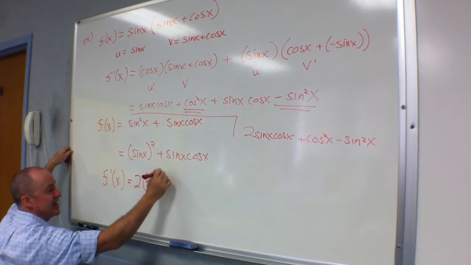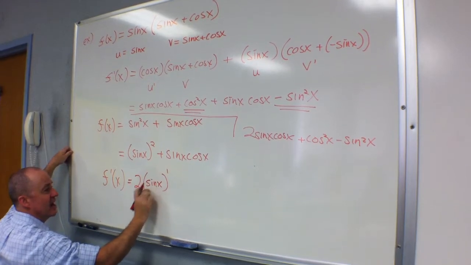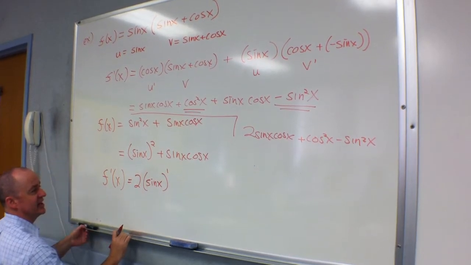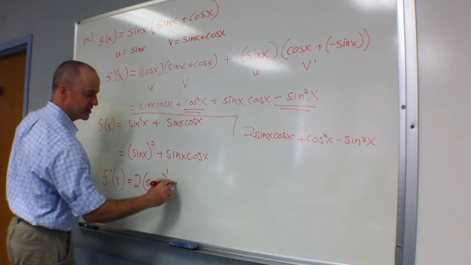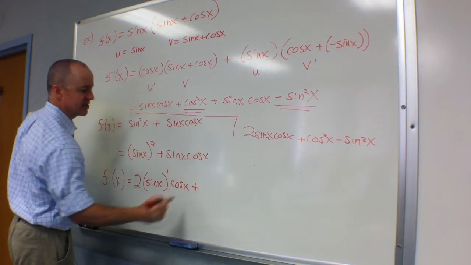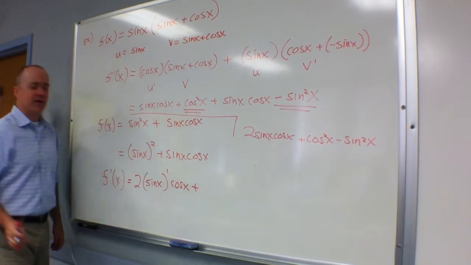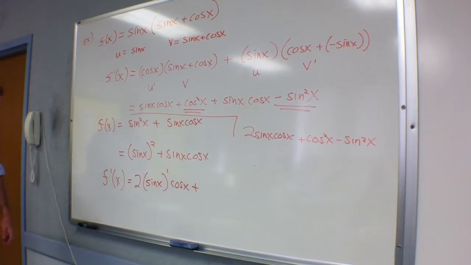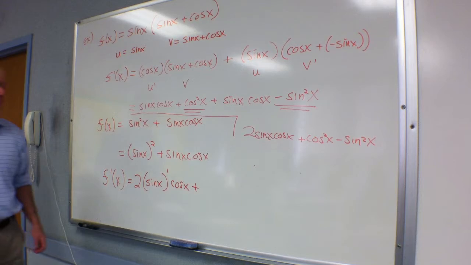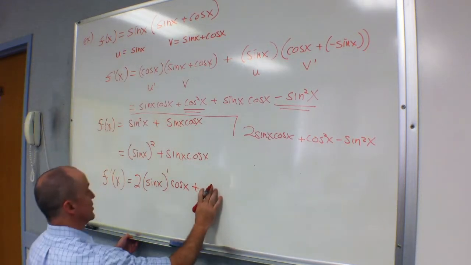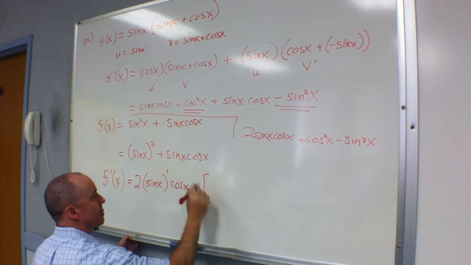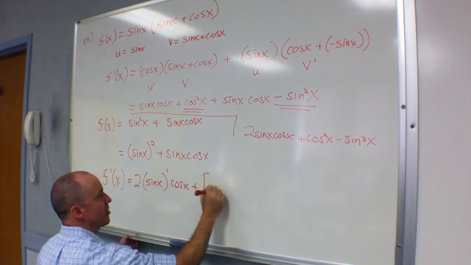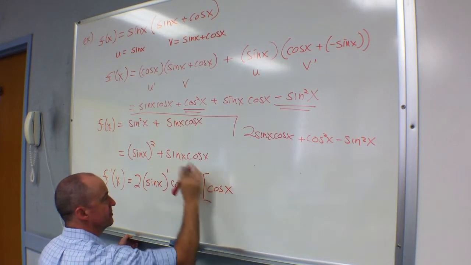So I get 2 sine x to the first times the derivative of the inside function. What's the derivative of sine? Cosine x. Plus, no way around it, have to use the product rule here since we didn't use it up there. So we have to use the product rule between sine and cosine. U is sine, so u prime is cosine.